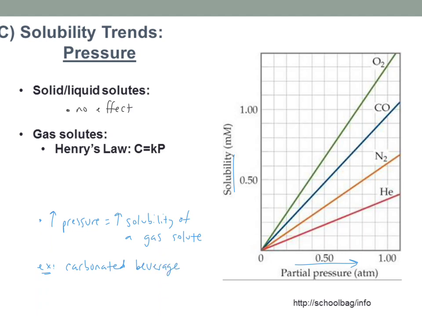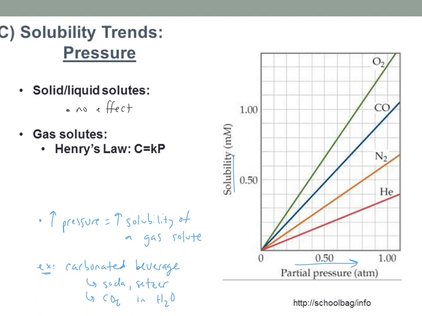Whether it's soda, or those popular seltzer waters, bubble water, all those sorts of things, all of those are just carbon dioxide dissolved, right? So CO2 dissolved in water. That's all we're talking about.